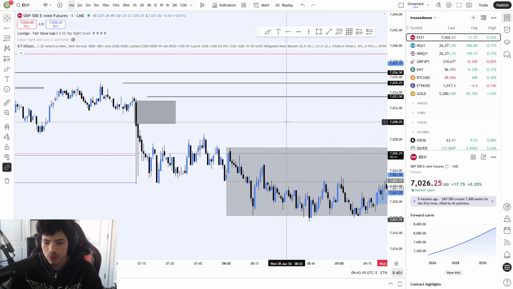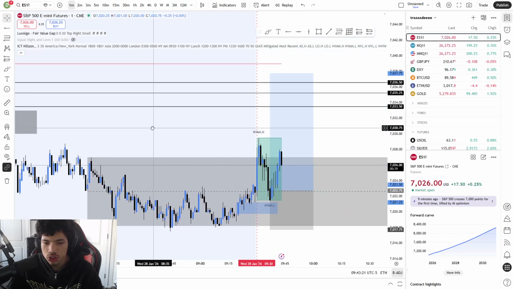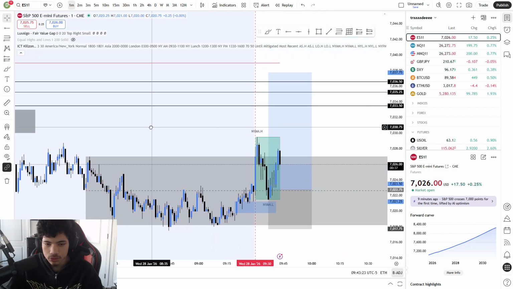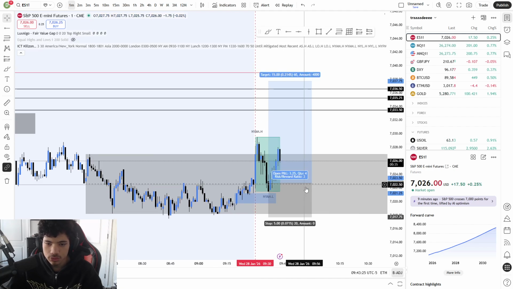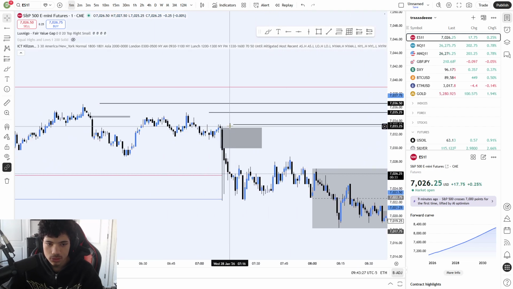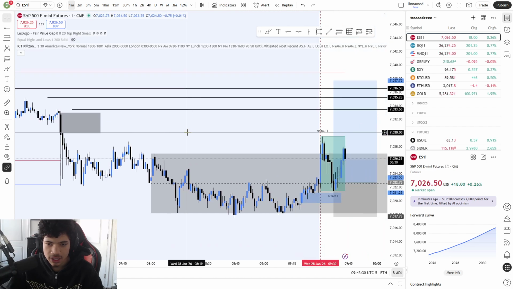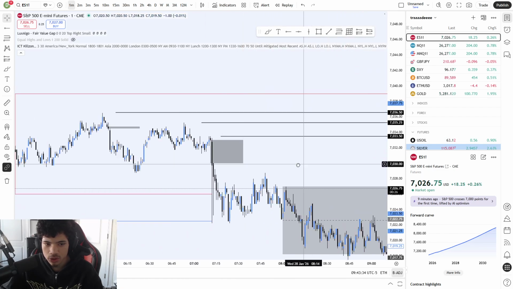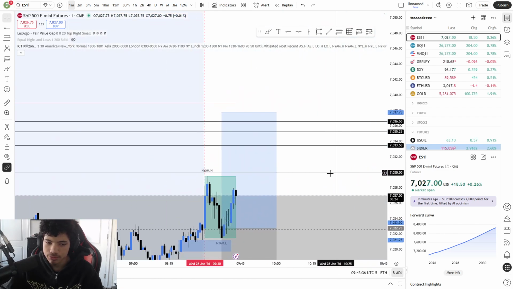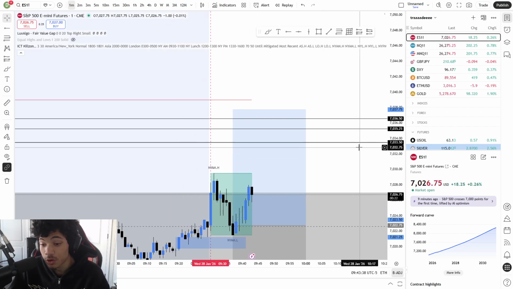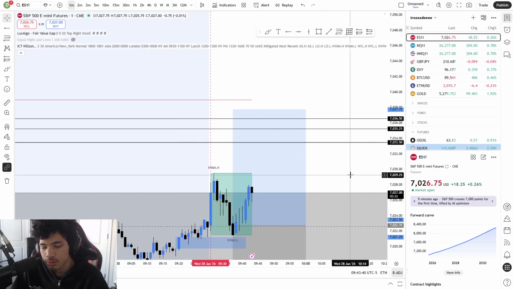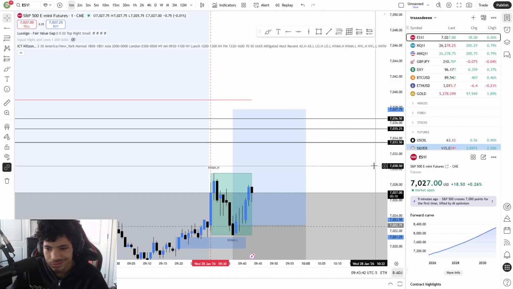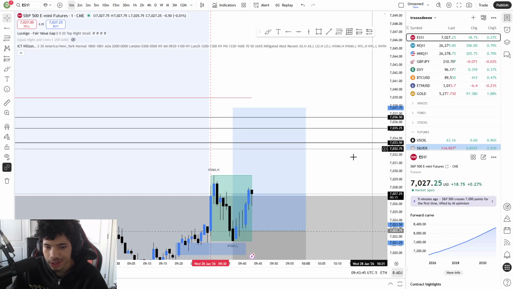I really want to experiment with partials, but not today. Partial take profits, so I could set my partial take profits at certain highs. But I really don't know. I know how to use buy limits, but not really.